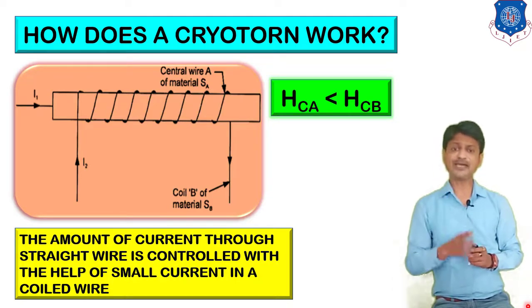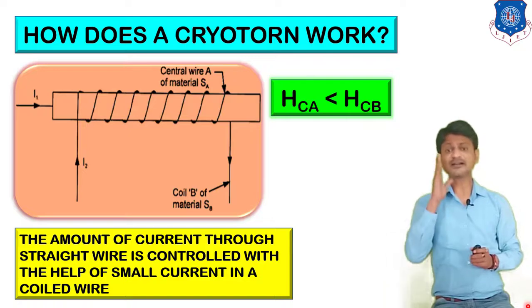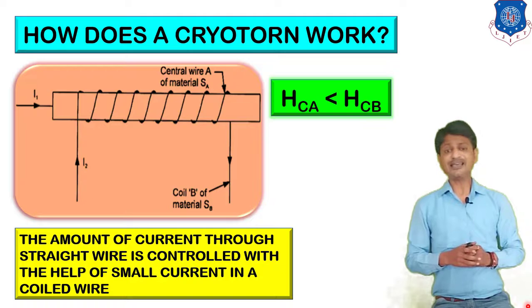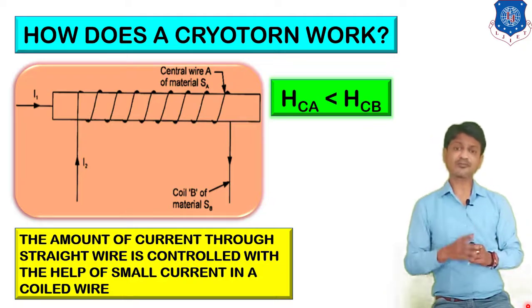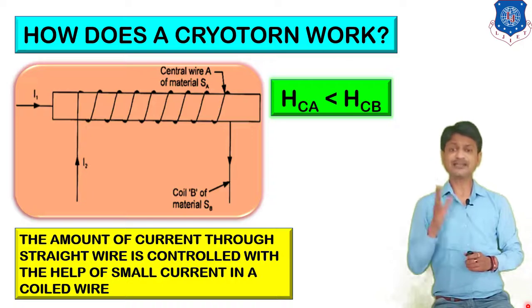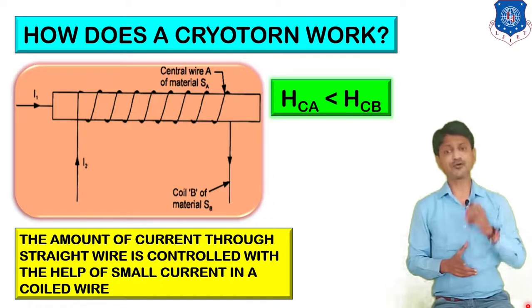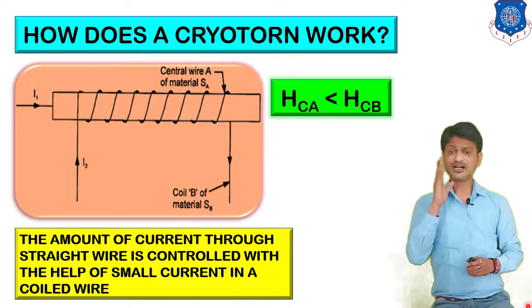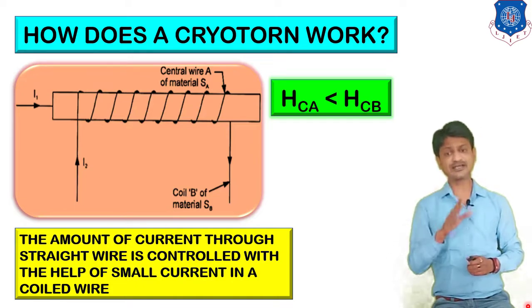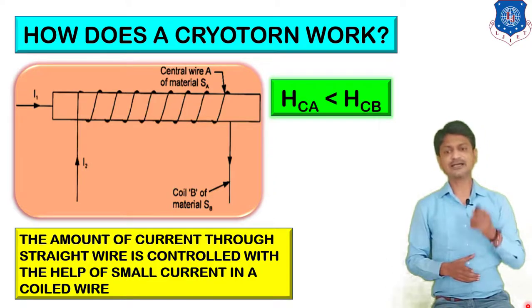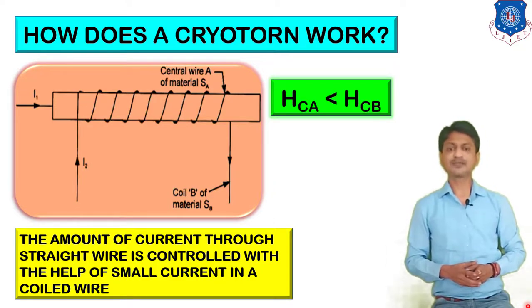And if the critical magnetic field of that coil is higher than the critical magnetic field of that core, then it doesn't allow the current to flow through it. So here we can say that the amount of current through the straight wire is controlled with the help of small current in a coiled wire.